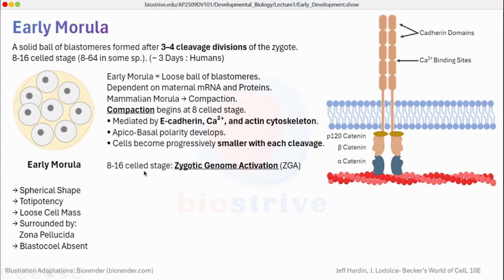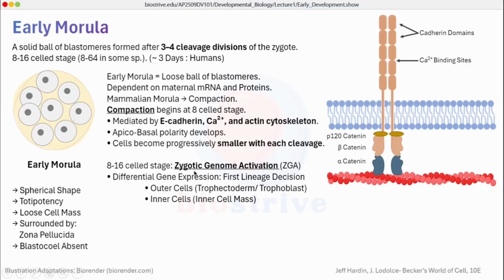This 8 cell stage will undergo the zygotic genome activation, which means that these cells will start producing their own mRNA and their own proteins for the very first time. When this zygotic genome activation takes place, there will be differential gene expression and the first lineage decision will be made.